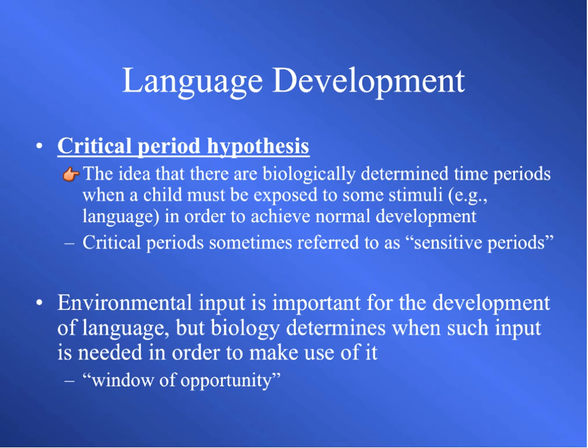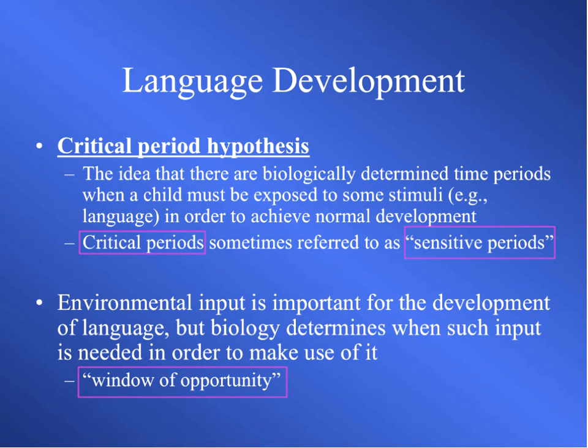The critical period hypothesis, as it says here, is this idea that there are biologically determined time periods when you've got to be exposed to something, and in this case the something is language, in order for normal development to unfold. Okay? So the key terms here are critical periods, put a nice pink box around that, or sensitive periods, or an even simpler and more colloquial expression, a window of opportunity. Okay?